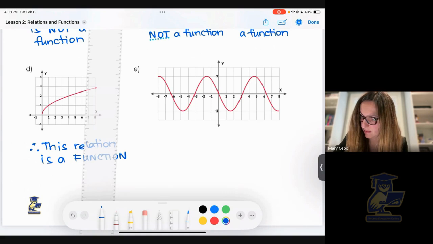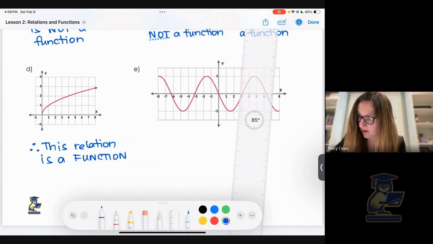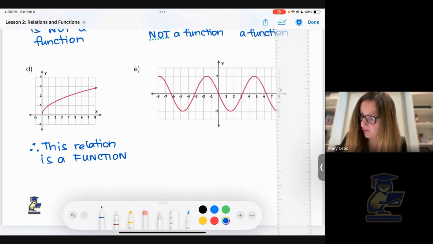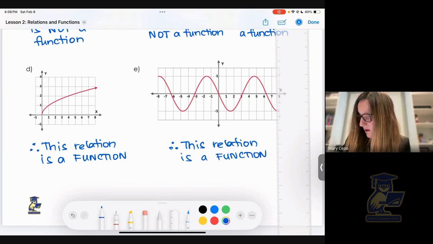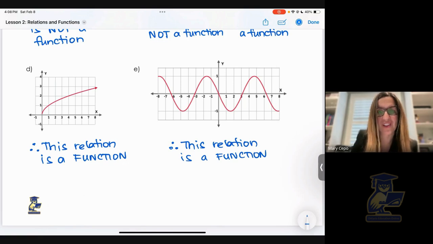I lost my ruler. There we go. Again, throughout the whole graph, it passes the vertical line test, so we can say this relation is a function. Okay, we have to explain that we know it's because it passes the vertical line test.